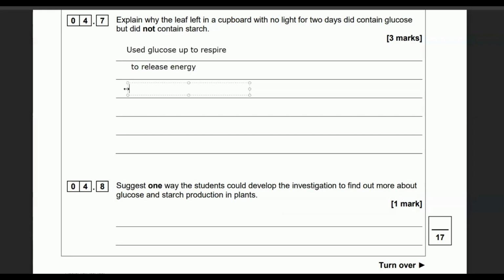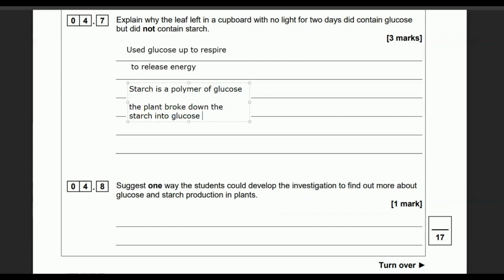Now, what's it going to do with the starch? Starch is a polymer of glucose. The plant broke down the starch into glucose so it could use that for respiration too.